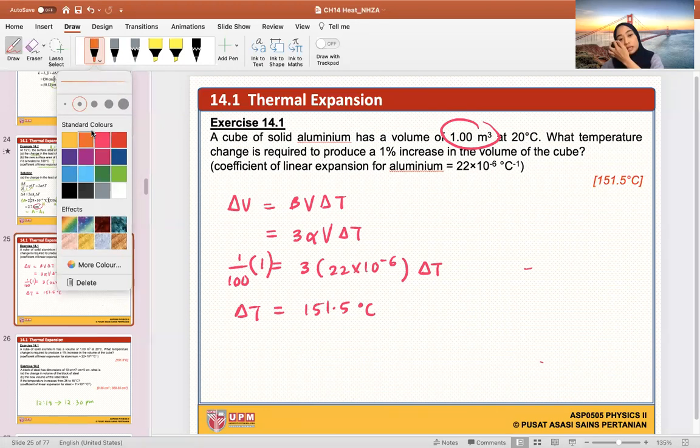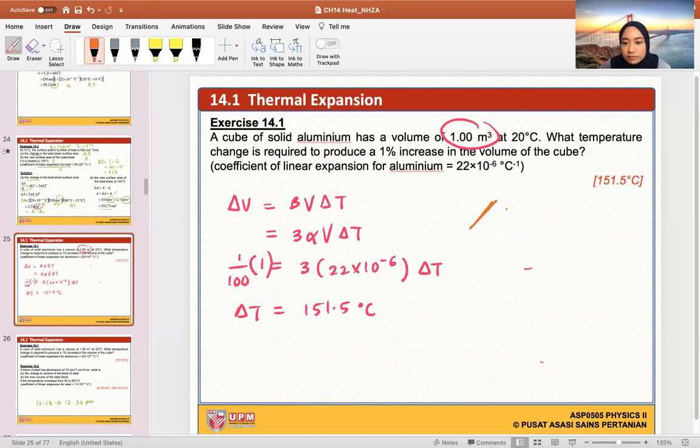Okay, so let's say dia cakap 1% increase. Let's say awak punya initial volume, soalan untuk semua orang bukan untuk Reda je, nombor yang pelik-pelik sikit lah, 36 meter cube. If the cube expands by 1%, what is the new volume?